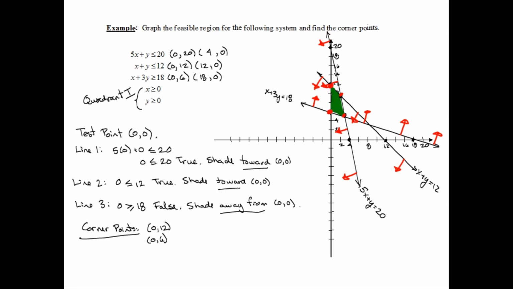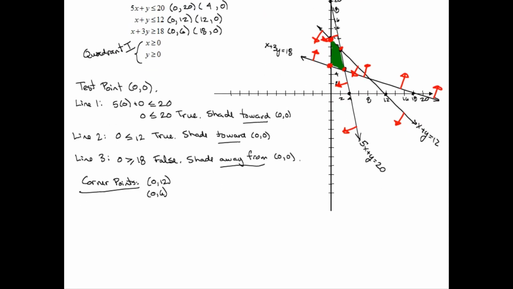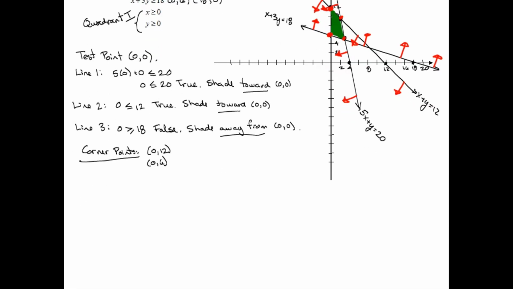Now the other 2, right here and right here, we're going to have to do a little bit of algebra to find those. Here's where again you will be glad that you labeled your lines, because you want to do substitution and elimination to determine where those lines cross, and you'll need to know which lines to intersect.